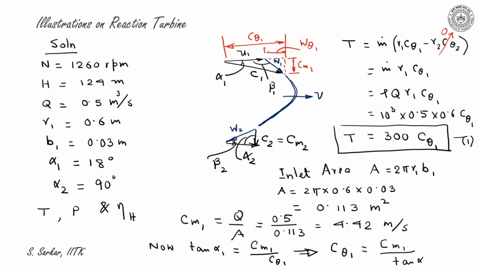If you do the calculation, C theta 1 would be 13.6 meter per second.